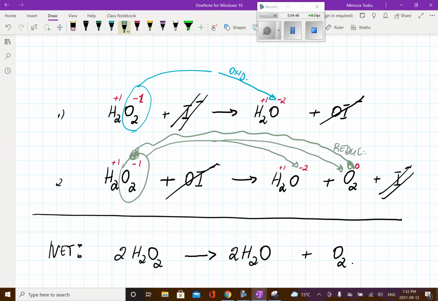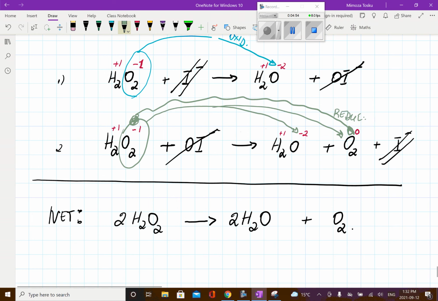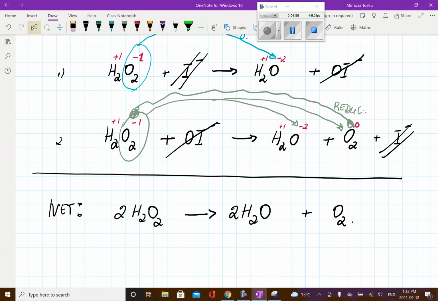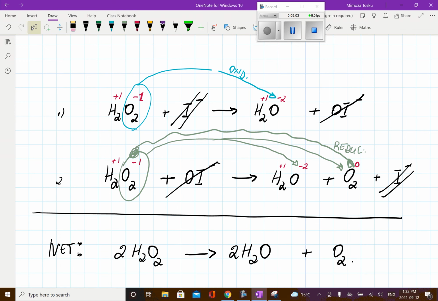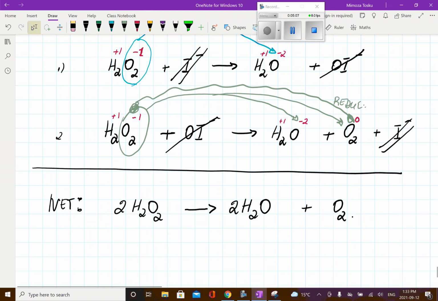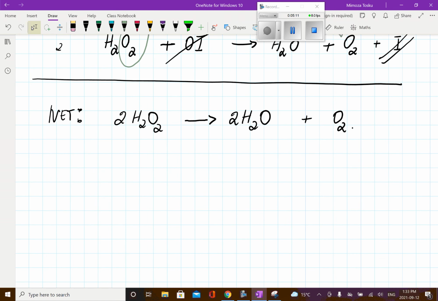So as you see in this example, the oxidation number of the oxygen is changing, and this is an example of disproportionation, in which some substances act sometimes as oxidation and sometimes as reduction.